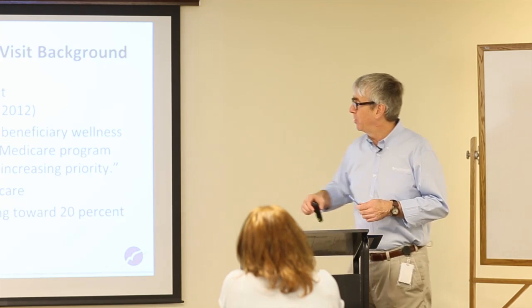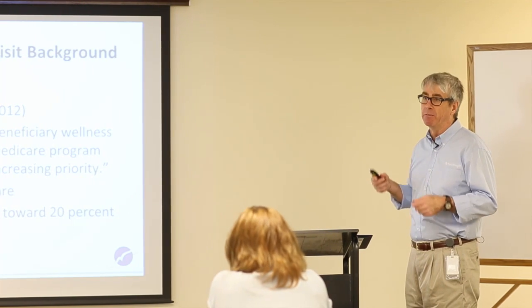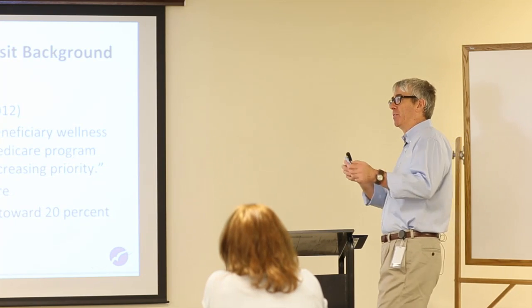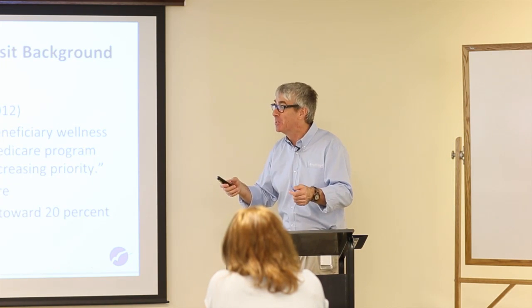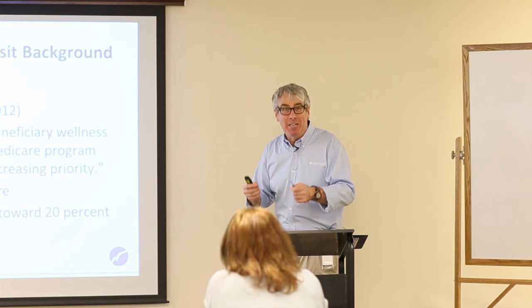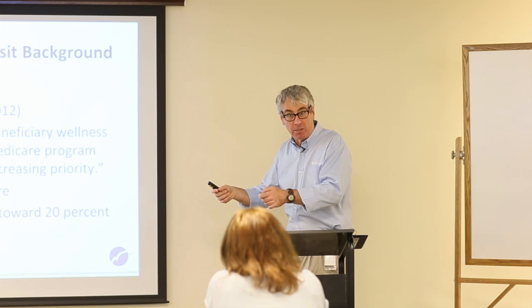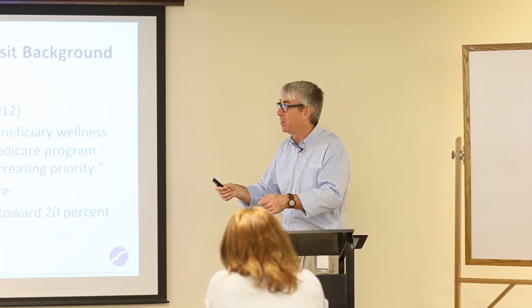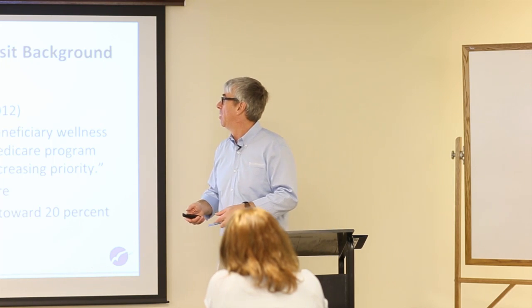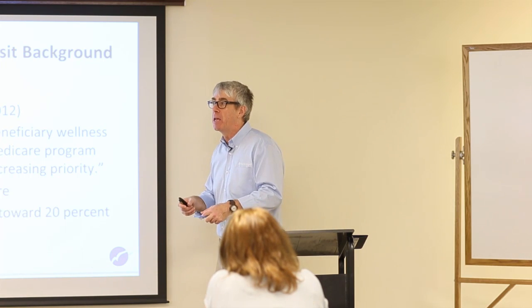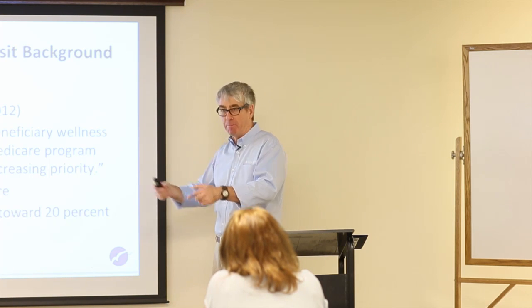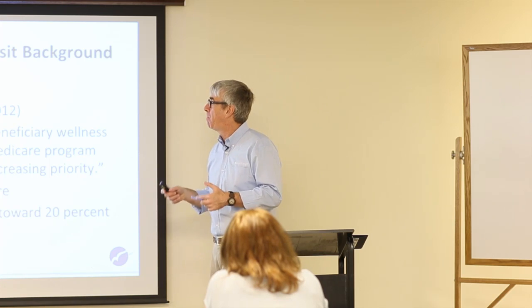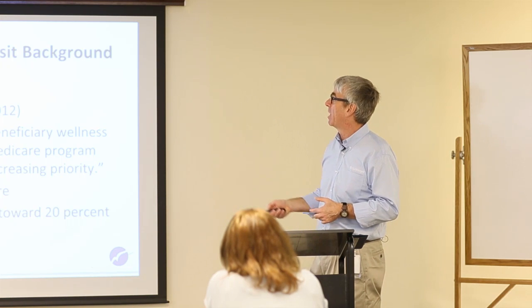When they did the rulemaking, there's the Affordable Care Act, and then CMS has to read the Affordable Care Act and turn it into regulation, an actual benefit. In doing that, they publish their proposed rule for this benefit and let people comment on it. When they published that proposed rule, here's some of the language they put in there.